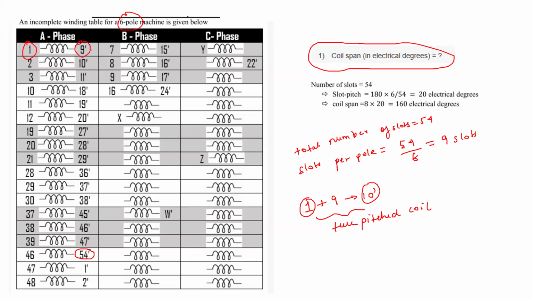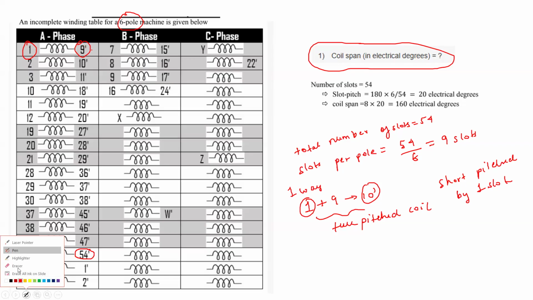So we know that it is short pitched by one slot. Instead of 10 dash you are landing at 9 dash. This is method one of finding whether the coil is short pitched.